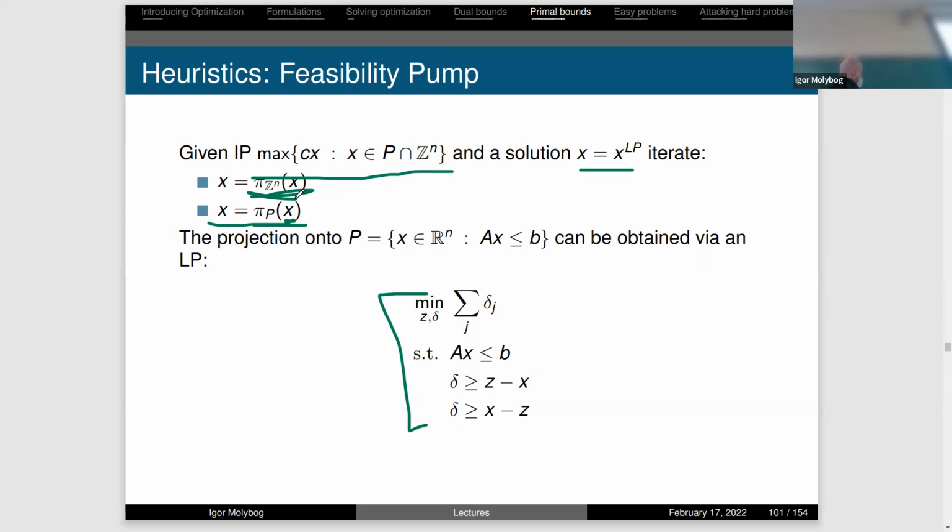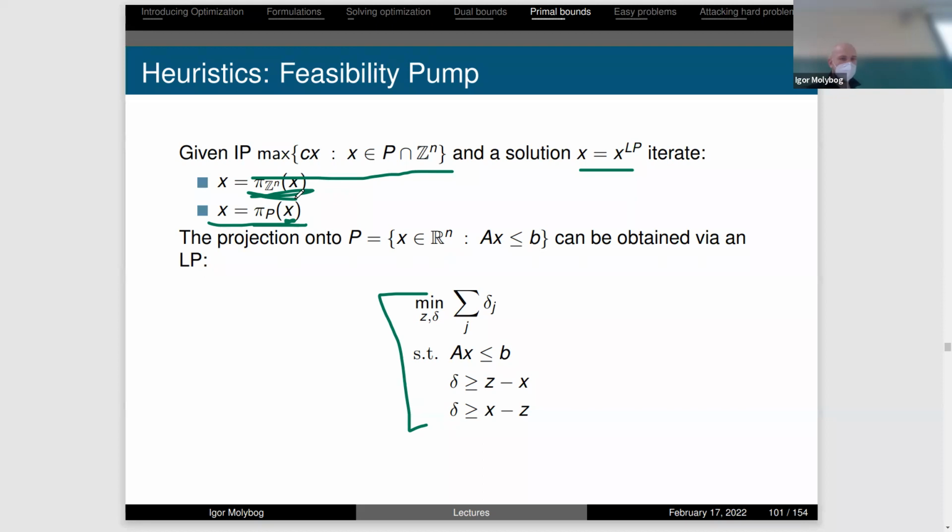So after we have found an integral point that is closest to the line, which is easier to do because it's just a one-dimensional projection onto a one-dimensional space, we can try to project it onto the polyhedron P, and we might get a better result than just projecting this point onto the polyhedron P.